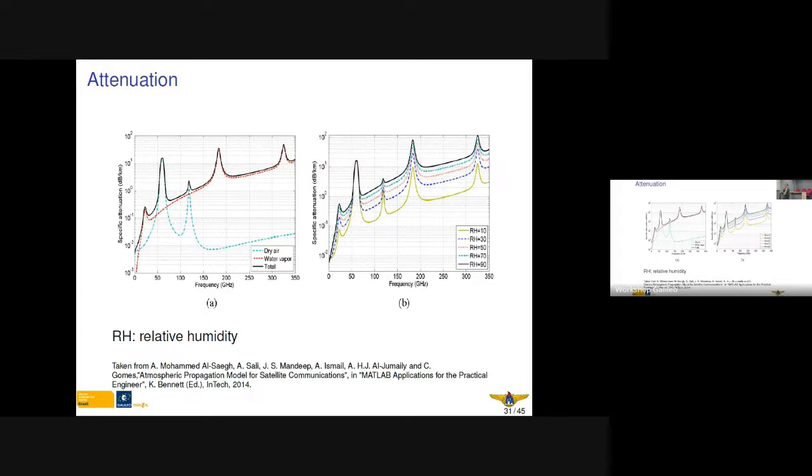So for higher frequencies, we have to take into account a higher attenuation. In L-band, we are very much on the left-hand side, close to zero. You can see that the attenuation is very small. But if you move to 50 gigahertz or so, the attenuation gets more significant.